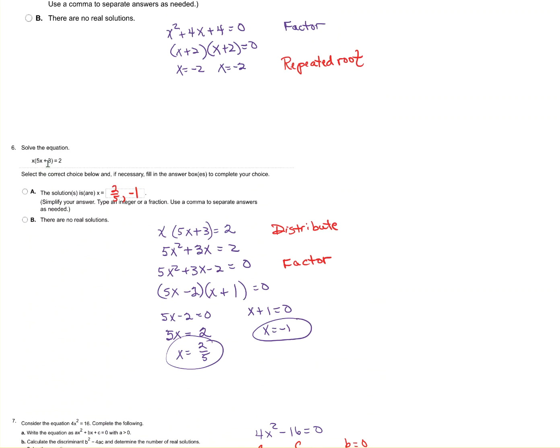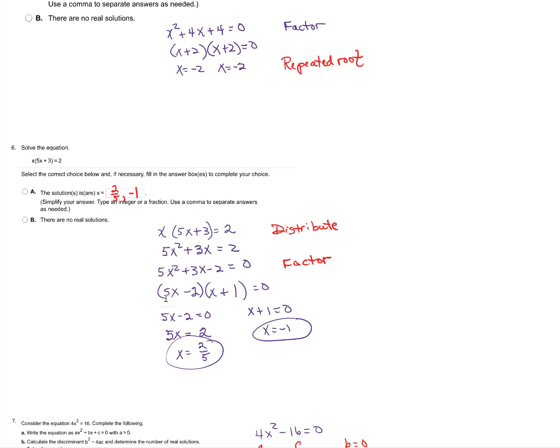All right, x times 5x plus 3 equals 2. So you need to get this to be 0. So let's go ahead and first distribute this x, and that gives us 5x squared plus 3x equals 2. Now we'll subtract the 2 so that we have it equaling 0. At that point, we can factor.